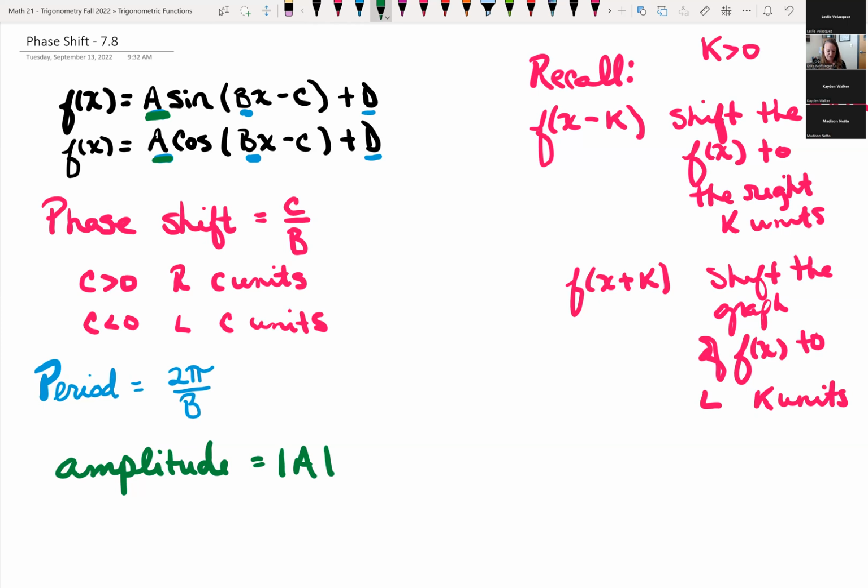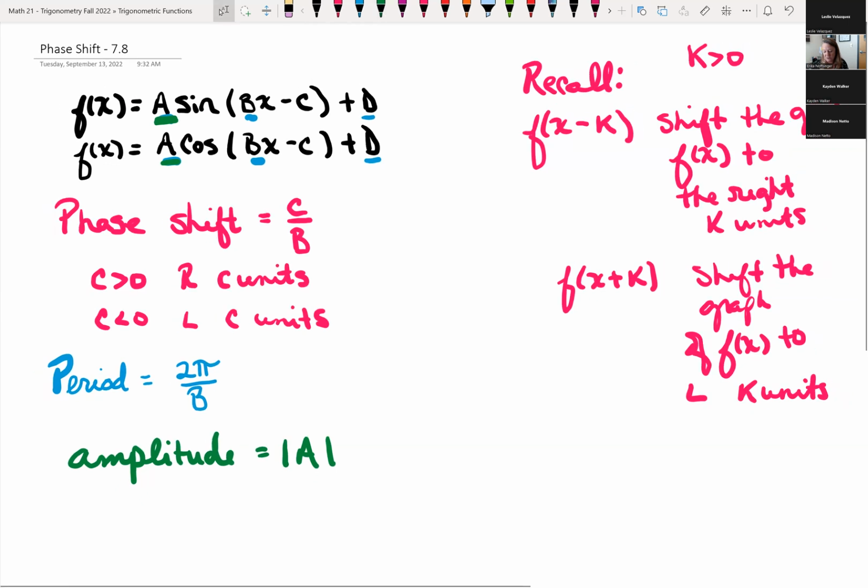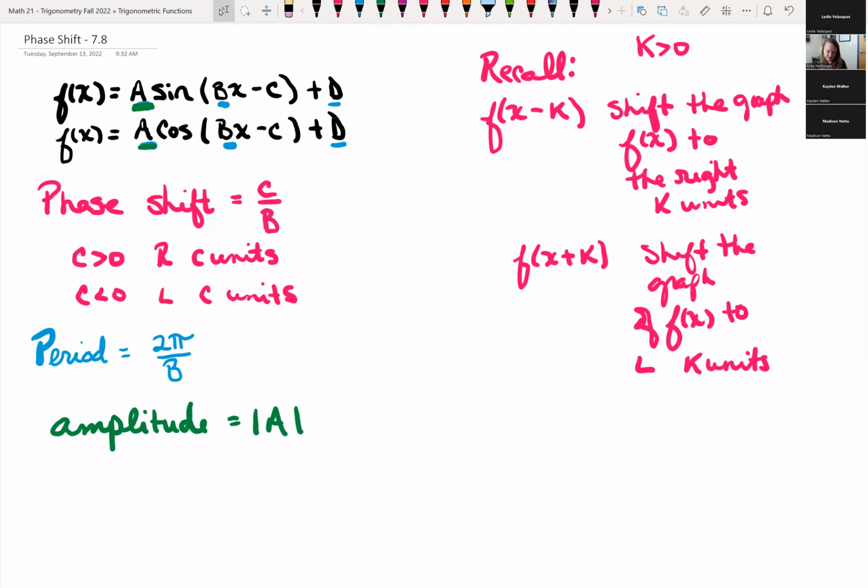So now let's go through and let's graph a couple of these. And knowing how to graph sine and cosine without that phase shift in there is just going to be really helpful to be able to graph these functions.